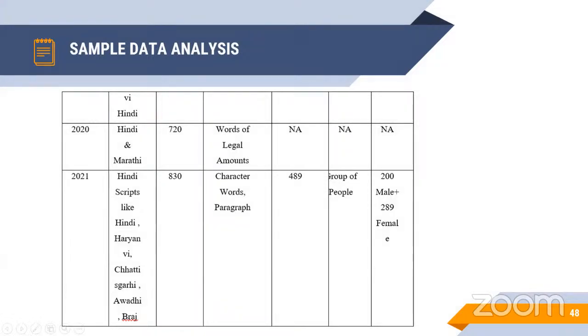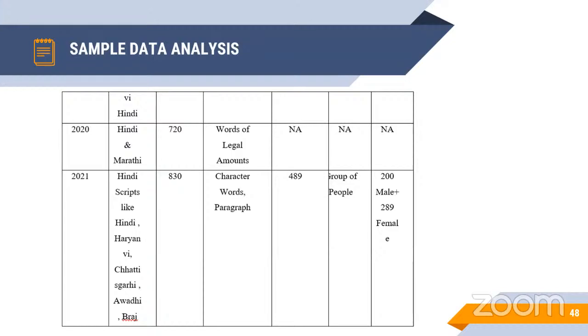So we have discussed the simple data analysis, right? So based on that, in the year 2021, there are Hindi scripts with Haryanvi, Chhattisgarhi, Awadhi. Based on that, all the scripts I have identified, there are total 830 data.